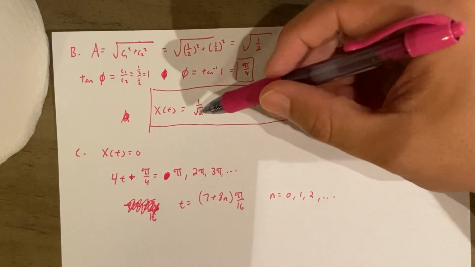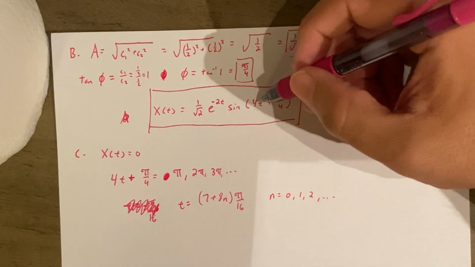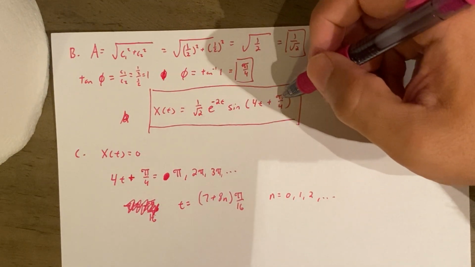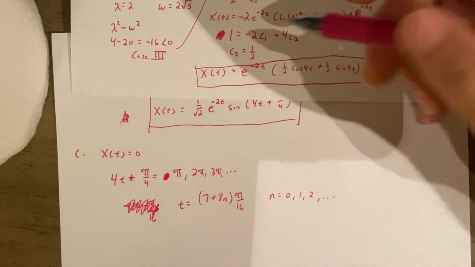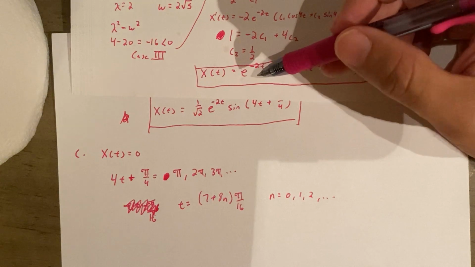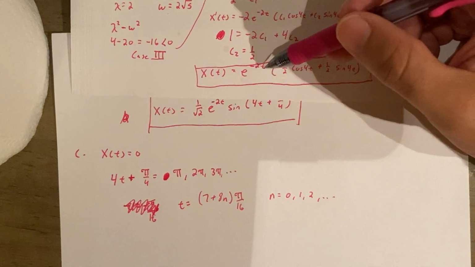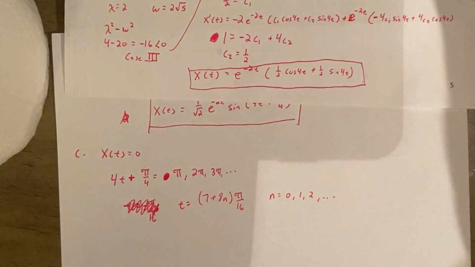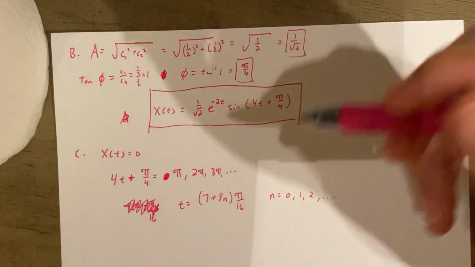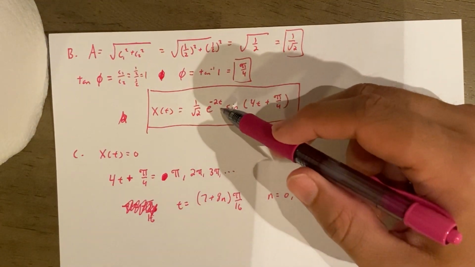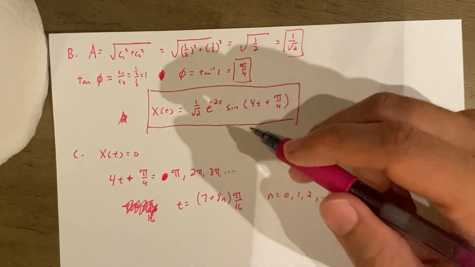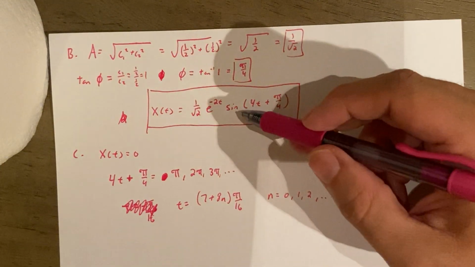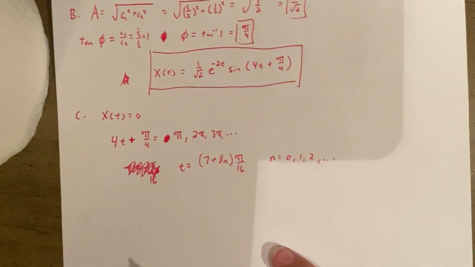So here's our amplitude, here's our omega t, and here's our phi. The e to the negative 2t is kept from the fact that we're multiplying both our sine and cosine by it, so that's going to stay there. And so now we have our equation of motion in terms of just one trig function, sine, instead of two.